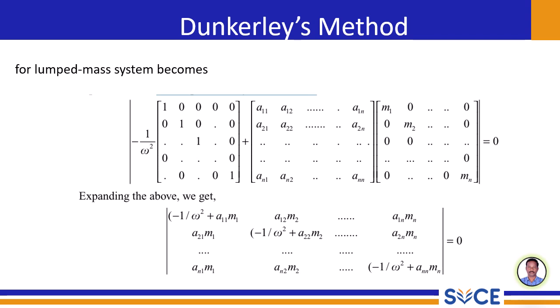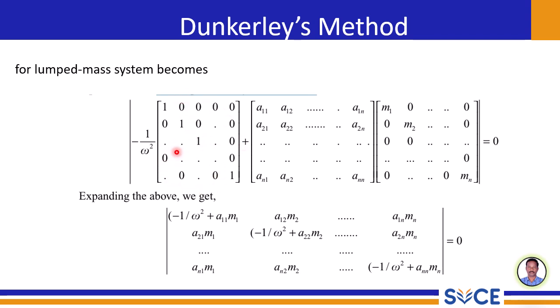Building upon the frequency equation we discussed in the last slide, let's now consider a lumped mass system. For such a system, the mass matrix M becomes diagonal: the diagonal elements represent the individual masses at each degree of freedom and all off-diagonal elements are 0.